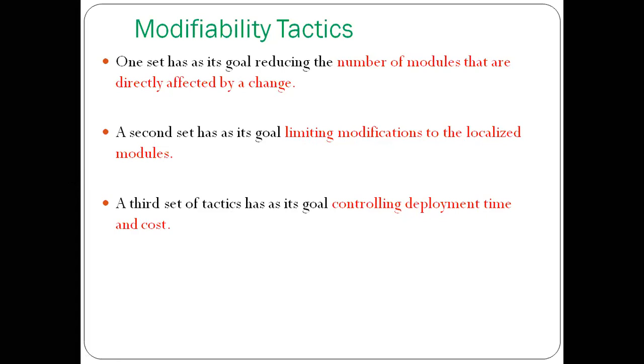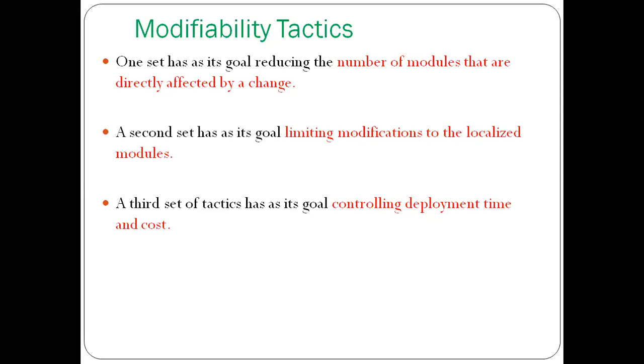The first one is the number of modules that are directly affected by the change. If we perform a change in a particular design, how many modules are affected because of that change? That is the first point. The second point is limiting modifications to the localized modules, so we should perform the limited modifications on small local modules itself.